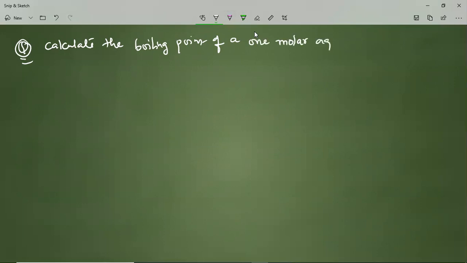Calculate the boiling point of a 1 molar aqueous solution.